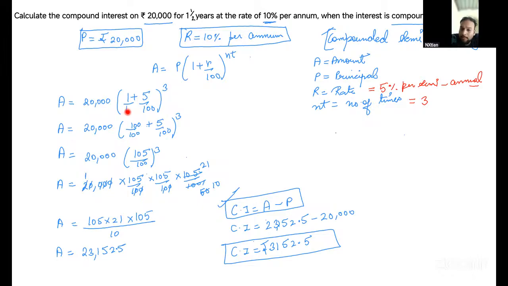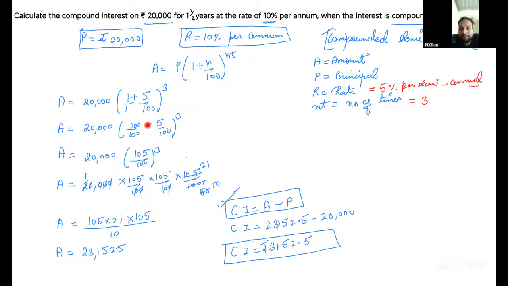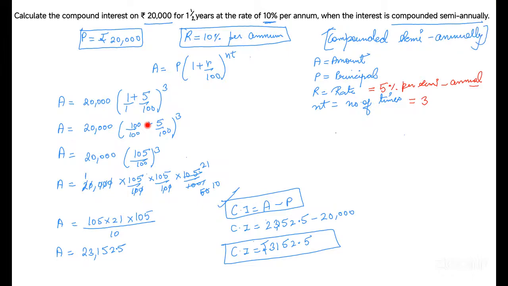If I will make denominator 100, I will multiply it by 100. If I will multiply it by 100, so I have to multiply the numerator also by 100. So 100 and 100 both will be there. So that the denominator will be same and so that I can add it. Did you got it? Yes or no? Yes, sir.